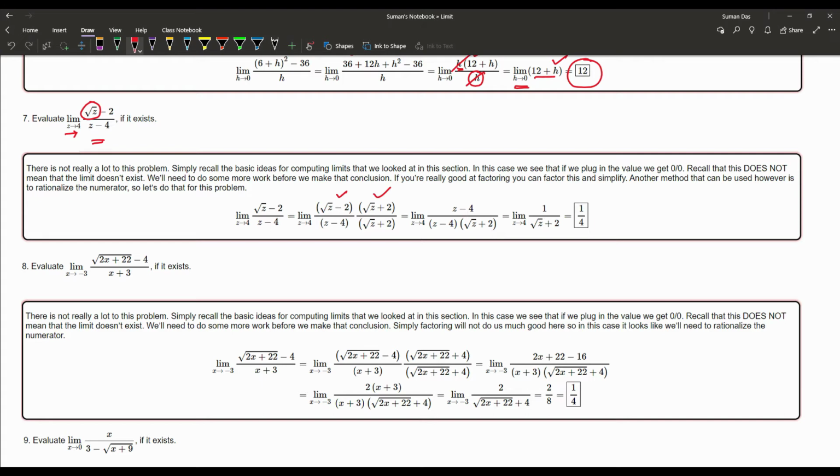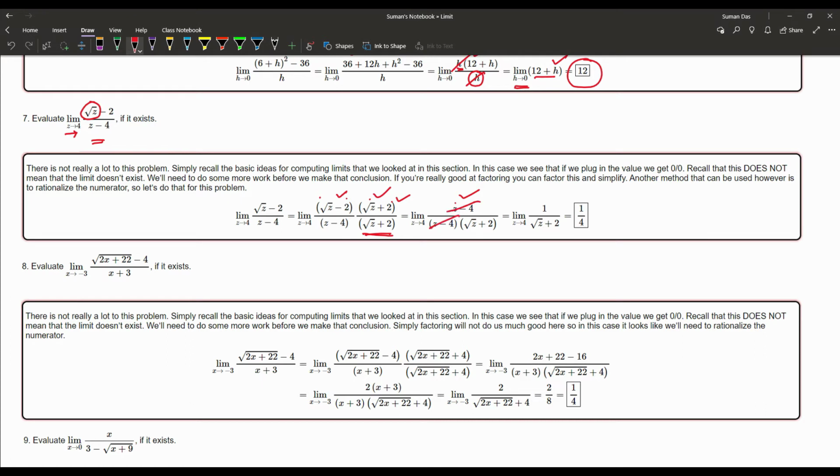As we have multiplied it with the square root of z plus 2, once again we are dividing it with the square root of z plus 2. So after multiplication we are getting the numerator, that is a minus b into a plus b, so that is a square minus b square, z minus 4 upon z minus 4 into square root of z plus 2.